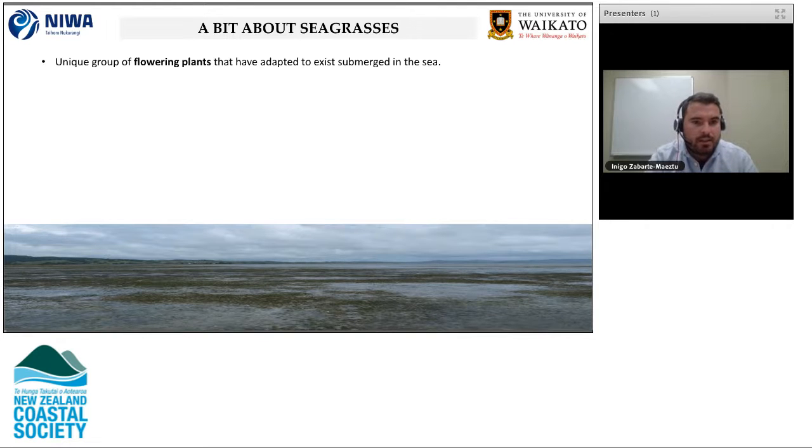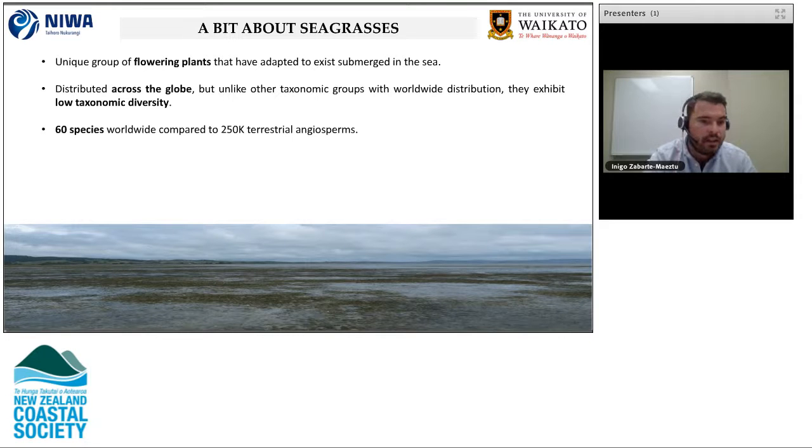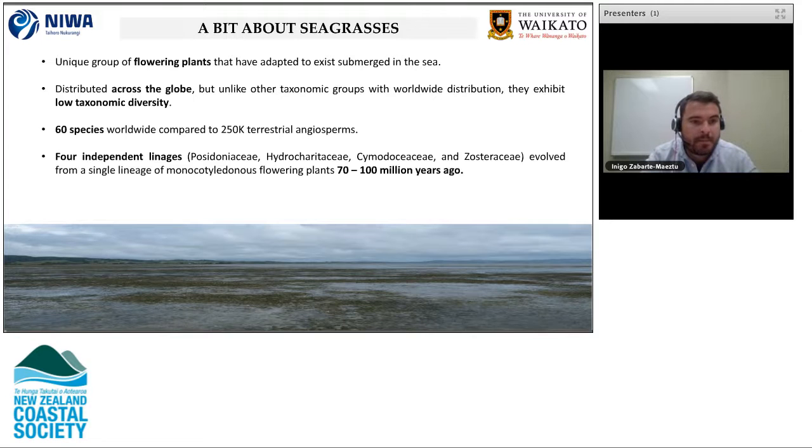Seagrasses are a unique group of flowering plants that have adapted to exist submerged in the sea. They are distributed across the globe, but unlike other taxonomic groups with worldwide distribution, they exhibit very low taxonomic diversity. There are just about 60 species around the world compared to the 250,000 terrestrial angiosperms.